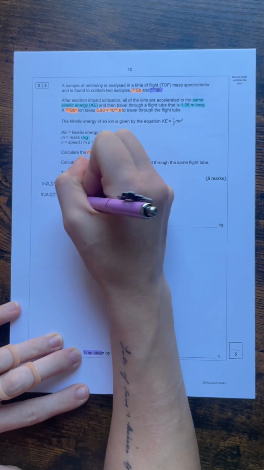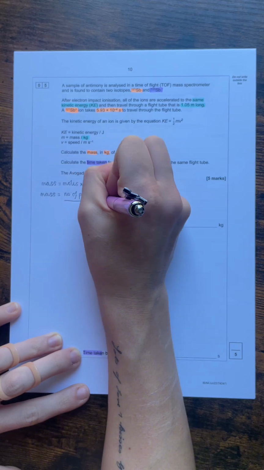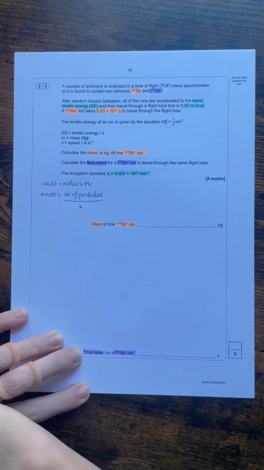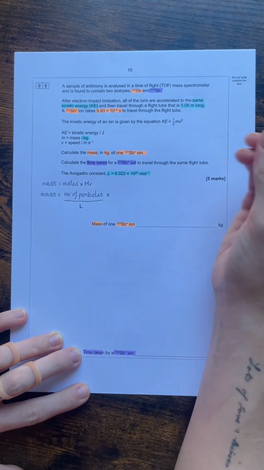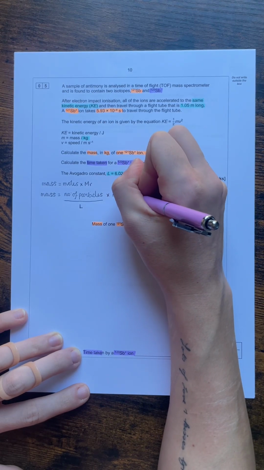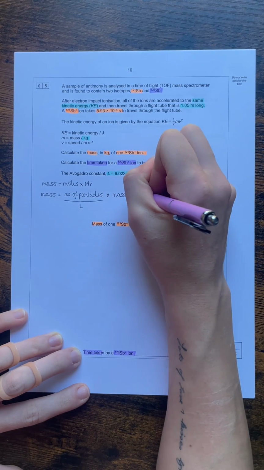So that's what I'm going to sub in there instead of my moles. And then we're not going to use the Mr because we're not dealing with a compound, we're dealing with an element that has isotopes, so we're going to use the mass number.